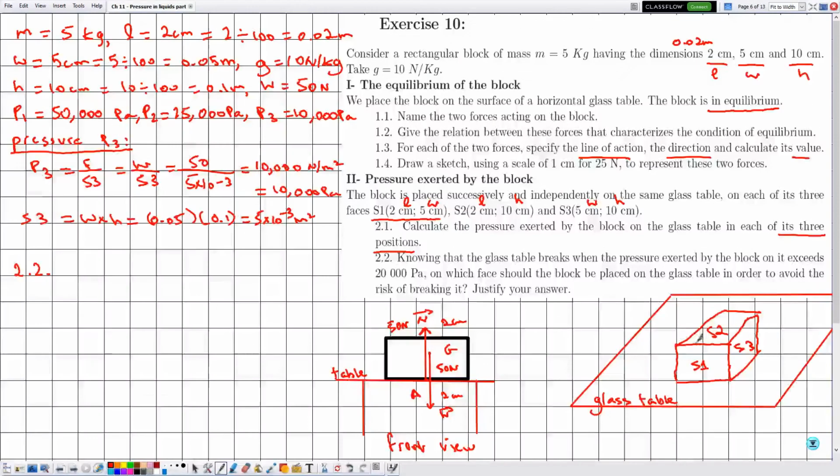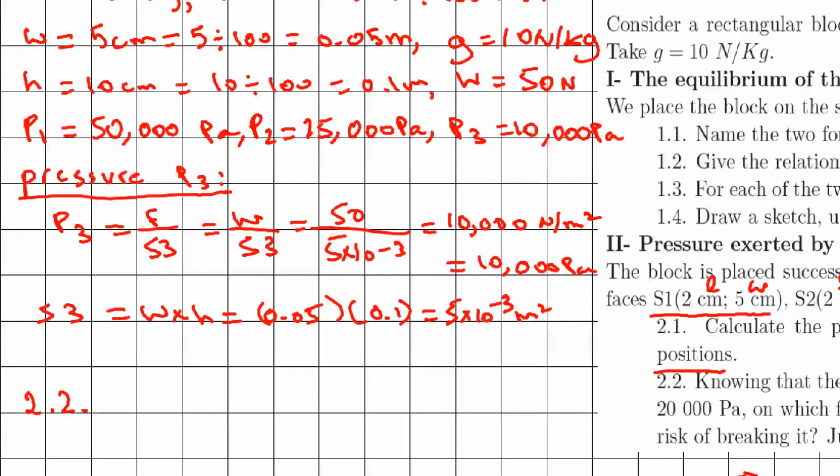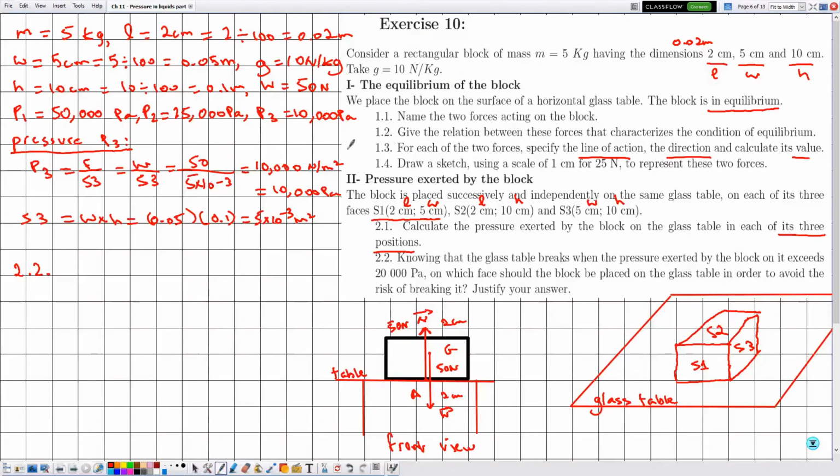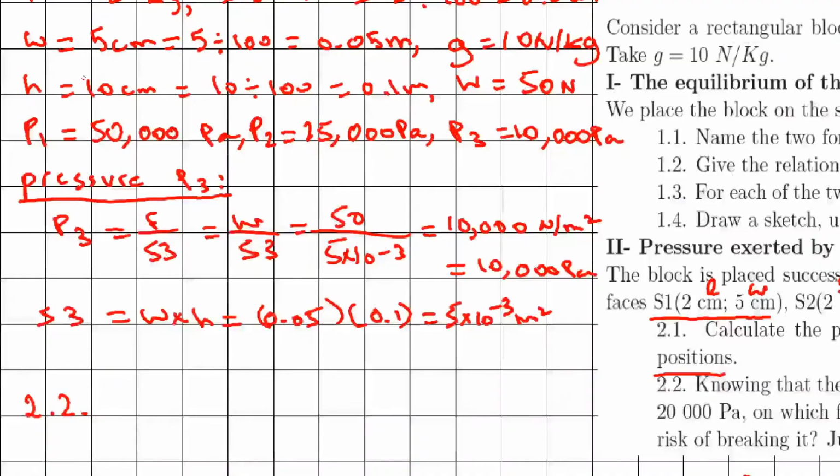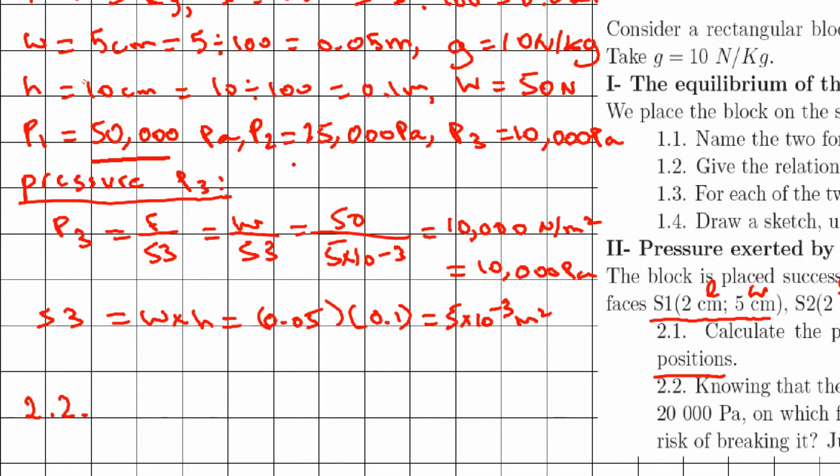According to these positions, the solid S will exert pressure on the glass table, and they are given by the pressures P1, P2, and P3. This glass table breaks whenever the pressure exceeds 20,000 Pascal. So these are the values of the pressure: 50,000, 25,000, 10,000 Pascal.